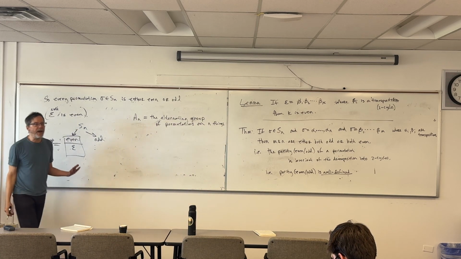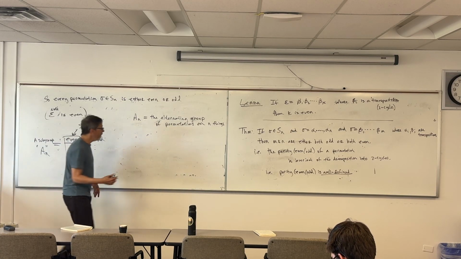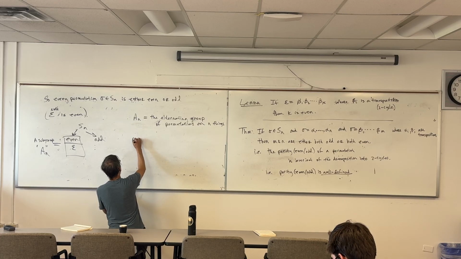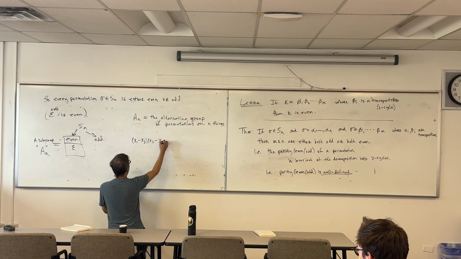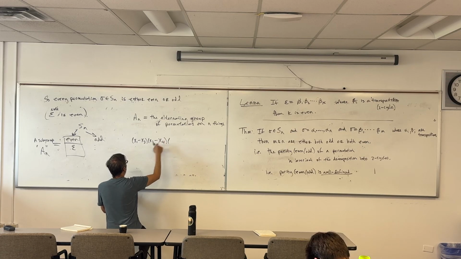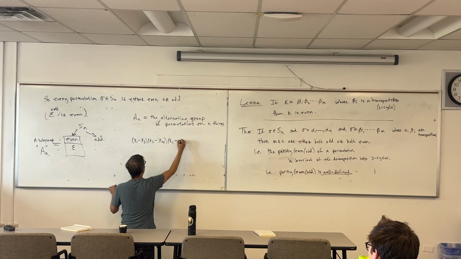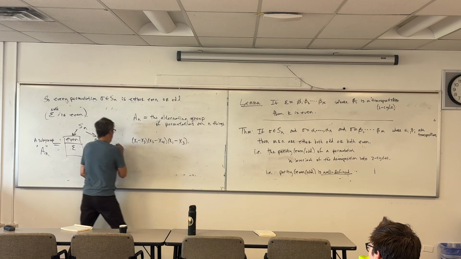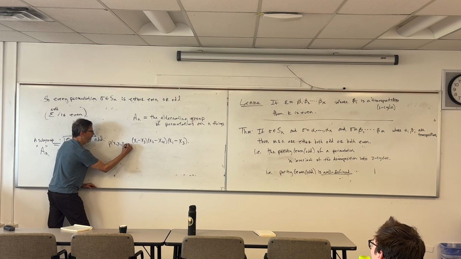It's called that because the study of these permutations came from the study of multivariate polynomials. So back when people were studying polynomials like this, (x1 minus x3) times (x2 minus x4). So this is a polynomial in 4 variables, right here. Polynomial in 1, 2, 3, 4.